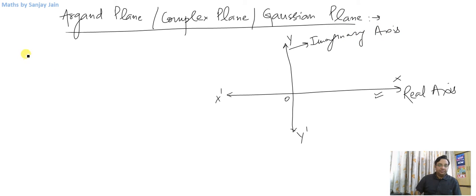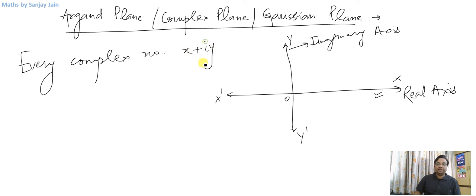And every complex number x plus iota y, or even if you do not want to get confused, you can take a plus iota b, or any complex number of this form can be represented. Now x y belong to real numbers, and iota is what? It is equal to square root of minus 1.